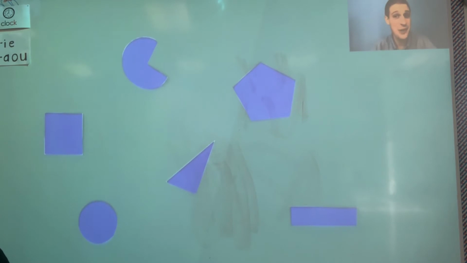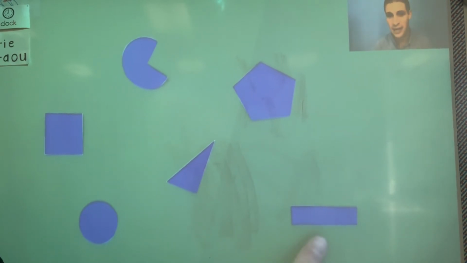I listened to some of my friends over here, and here are some of the things they noticed. One of my friends told me, this is a curved shape. Curve. That's a word from yesterday. One of my friends said, well, some of these shapes have corners. Look at this one. 1, 2, 3 corners. One of my other friends said, Mr. Hammer, some of these shapes, they have straight sides.